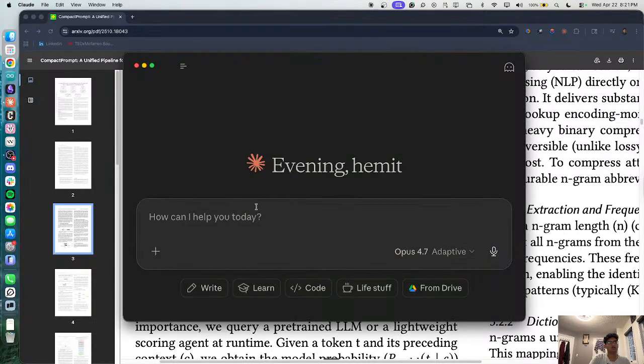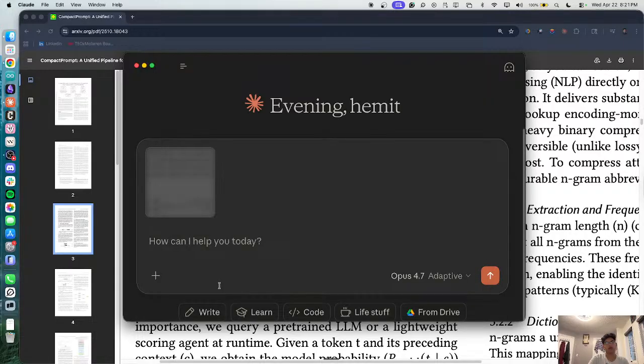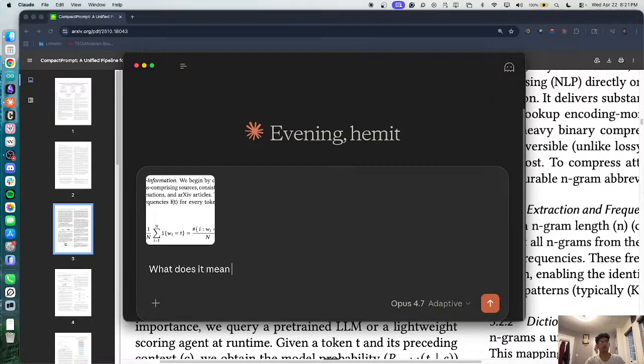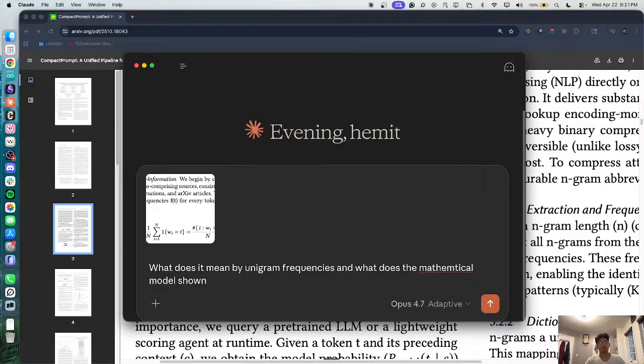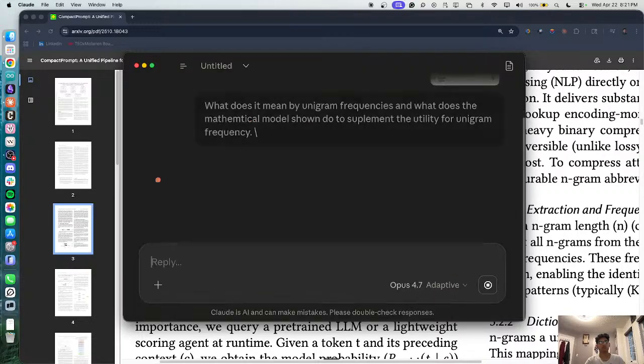And then I can just go here, paste this, and then I'm gonna ask it, what does it mean by unigram frequencies, and what does the mathematical model shown do to supplement the utility for unigram frequency. Okay.